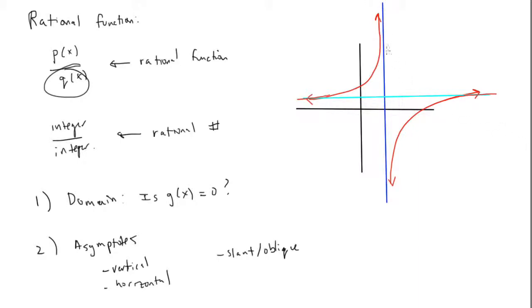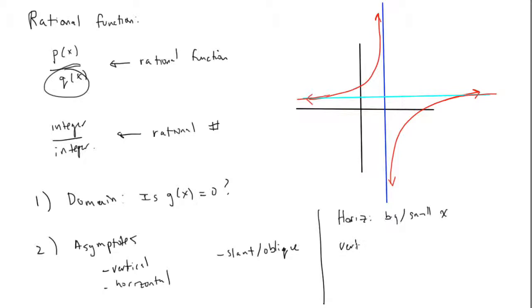The horizontal asymptotes are basically just asking what's happening way over here and what's happening way over there. So for horizontal, what happens when you have really, really big or really, really small x's plugged into the function? Does it look like the function is sort of leveling off?